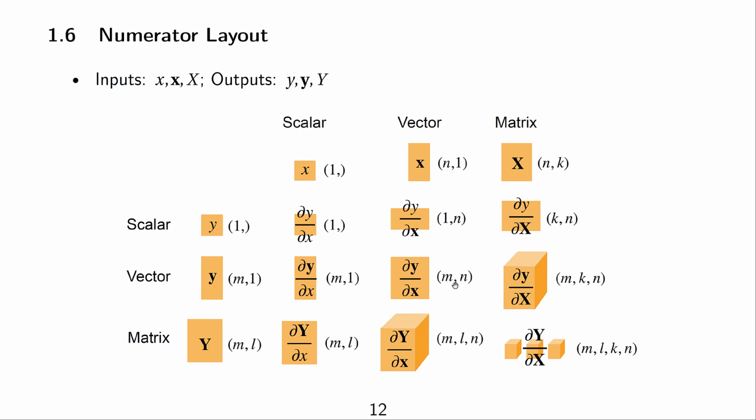So, for example, let's say we have matrix input, matrix output. We could also move it to the vector case, where out of this matrix with n times k elements, we simply make a vector with n times k elements, and out of this matrix with m times l elements, we make a vector with m times l elements. So this helps us to reduce the matrix case to the vector case.